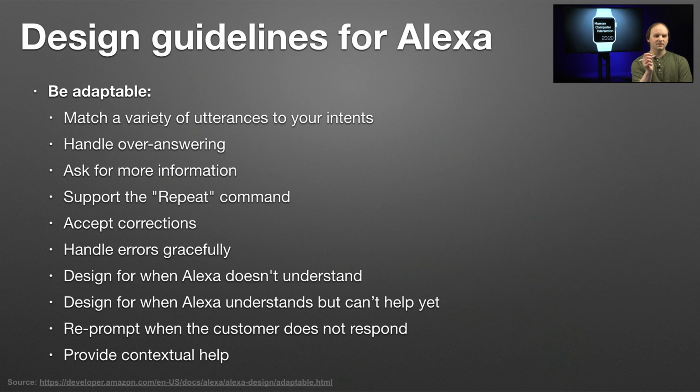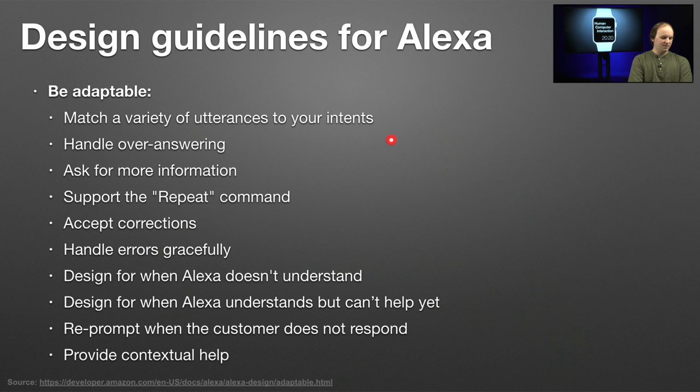The first principle, being adaptable, is that you don't want to trouble the user, or in their case the customer, when you don't have to. You want to do your best to be resilient for them. A lot of these are things that people do with voice assistants that you should be prepared to handle early on.